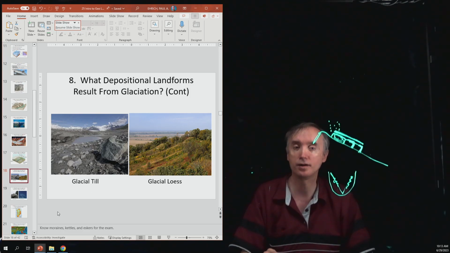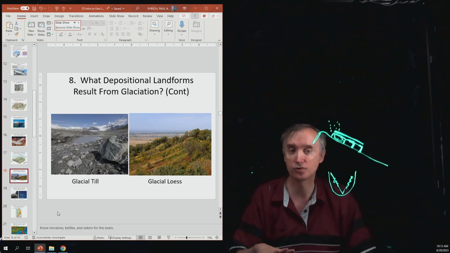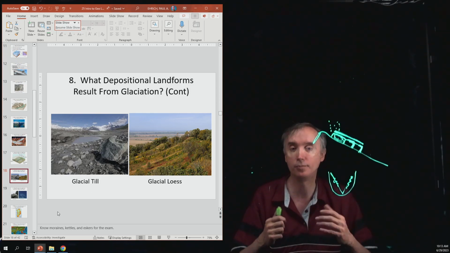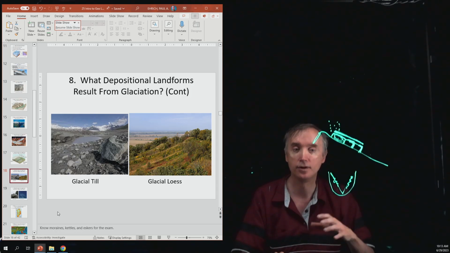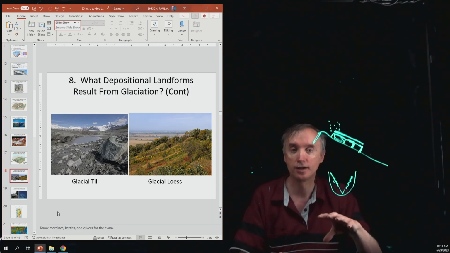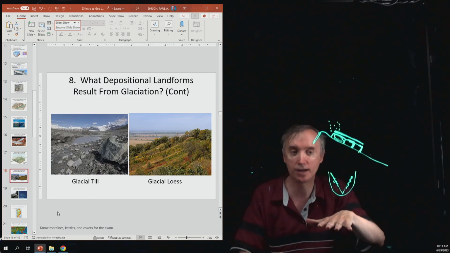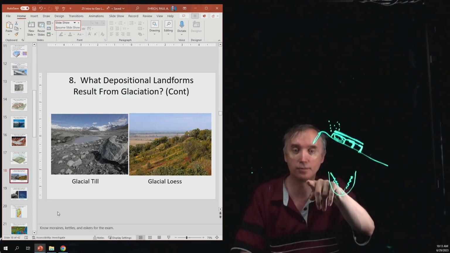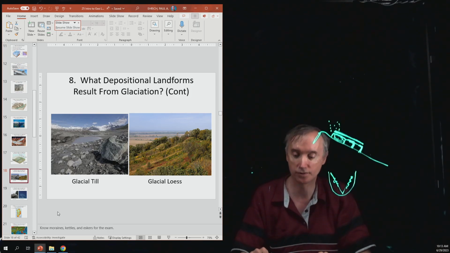Some of the rock is ground down to the consistency of flour. It is so small that the wind can pick it up, and that ground material can make dust storms, and then as it settles back down onto the ground, it's going to make glacial loess.